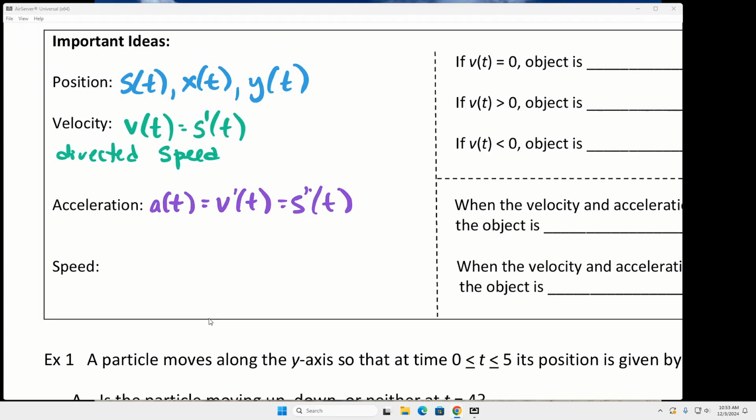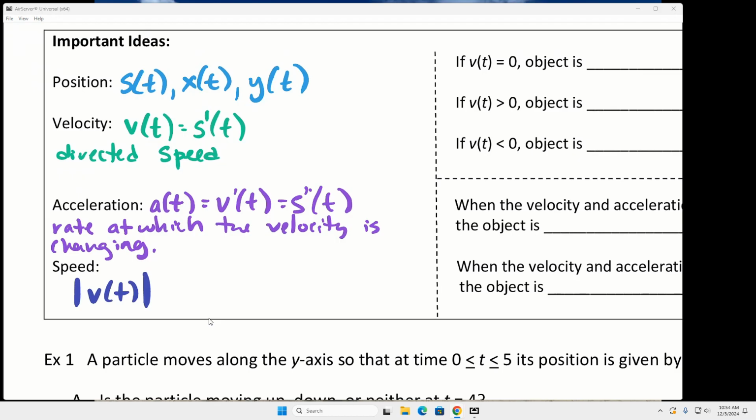And the acceleration gives the rate at which the velocity is changing. All right, and then the speed is going to be the absolute value of the velocity. Speed has no direction.